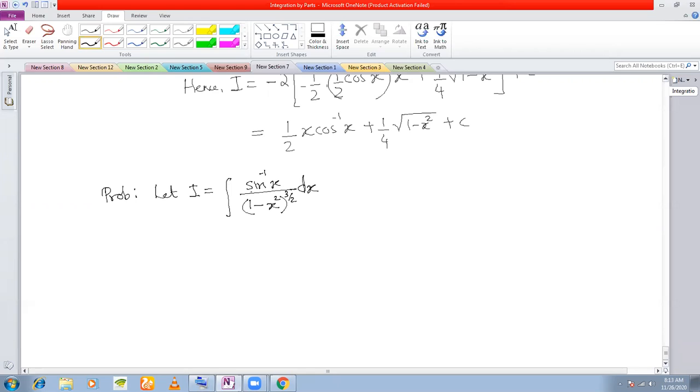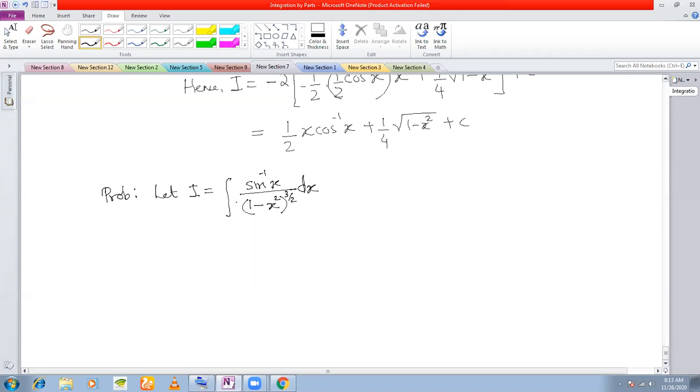Now in this problem, see that you have 1 minus x square in the denominator, right? So if 1 minus x square is there in the denominator, the first thing that comes to your mind is what if I put x is equal to cos theta? Or let's say what if I put x is equal to sin theta?